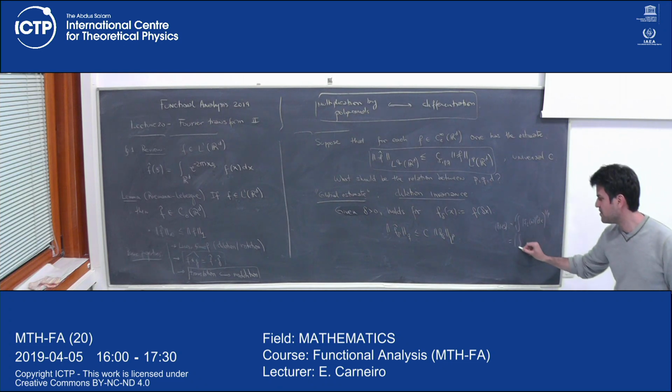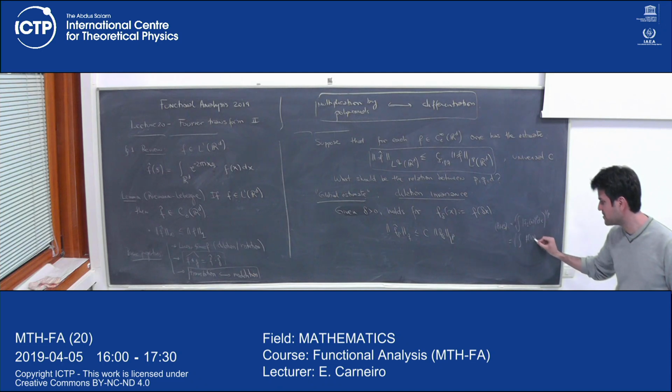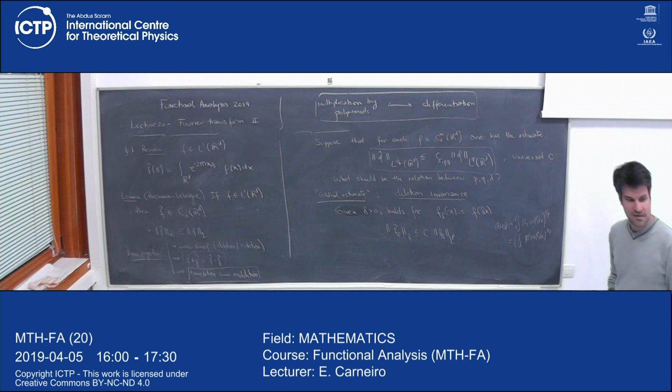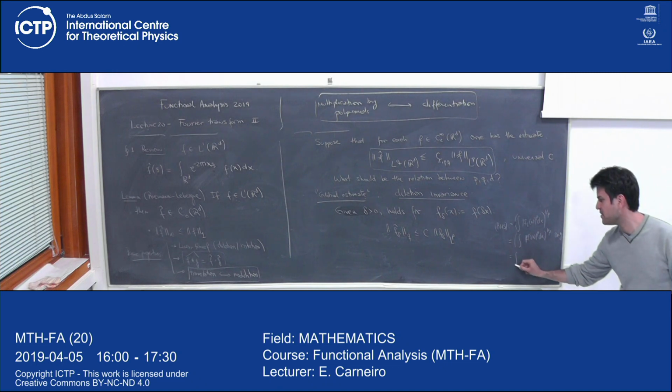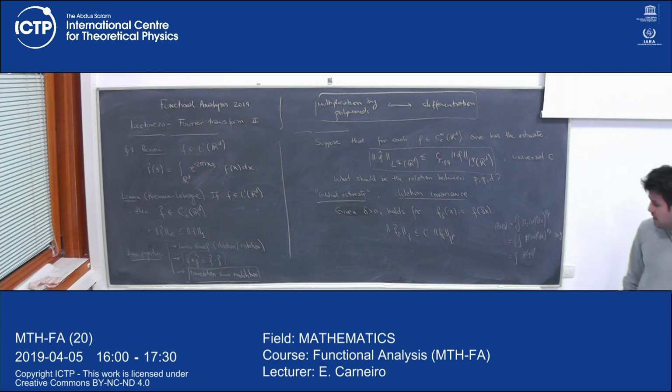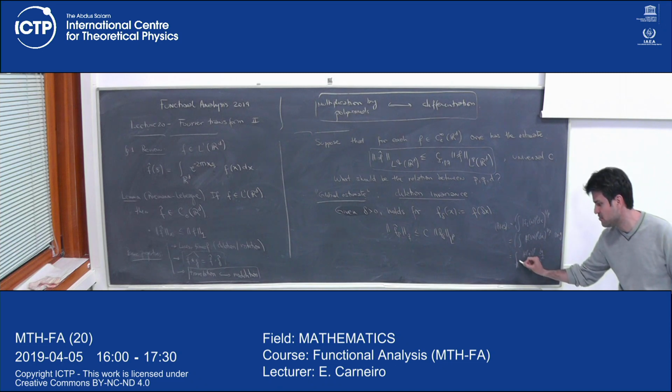And then this is just the integral of, by definition, f of delta x to the p dx raised to 1 over p. Now I change my variables here, I make delta x equals y. This becomes the integral of f of y to the p, dx becomes dy over delta to the d, because I am in dimension d, okay?